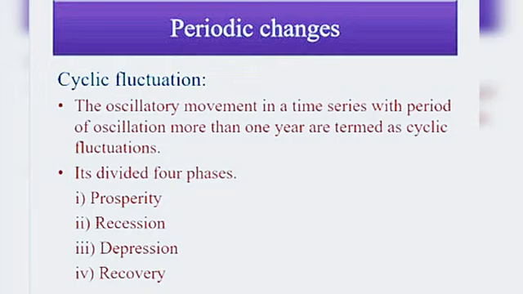The business cycle is divided into 4 phases. They are the first one prosperity, the second one recession, the third one depression, and the fourth one recovery. This is the cyclic variation.